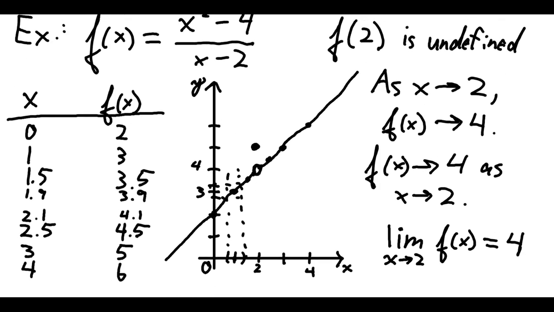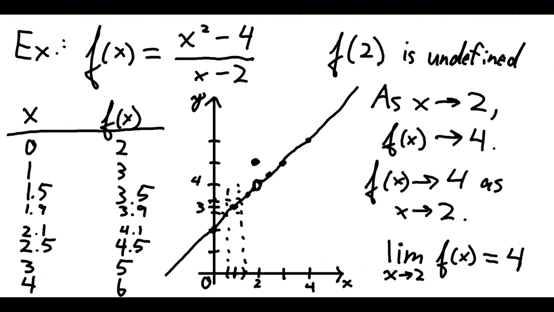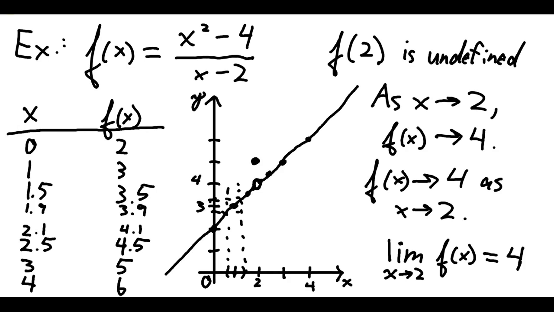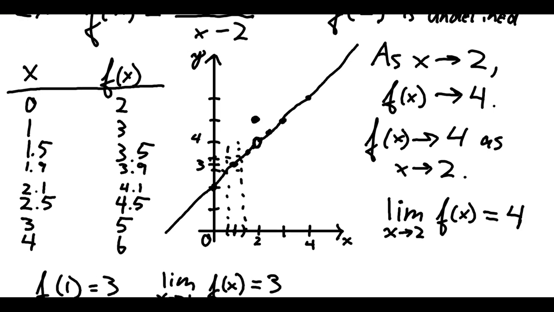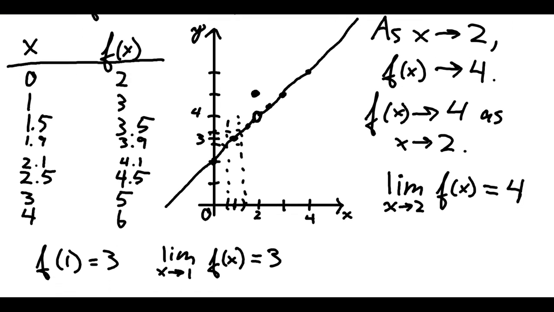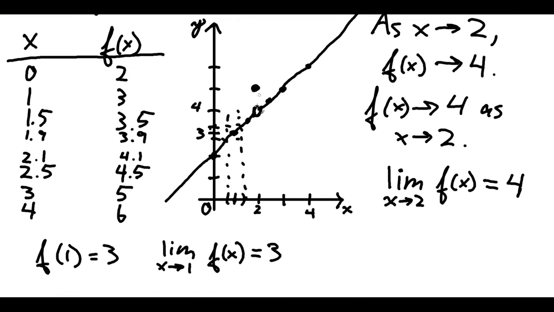In general, the value of a function at a particular value of x and the limit of a function as x approaches that value could be entirely different and unconnected, basically. So a sufficiently accurate graph will help us see such issues.